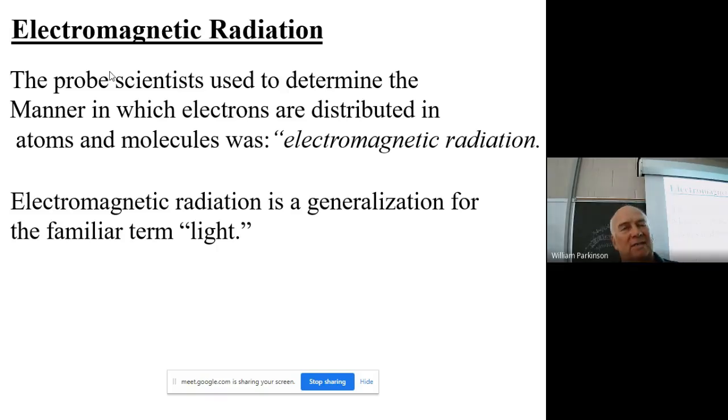So for our discussion over the next couple of days, when we mean light, we will mean visible electromagnetic radiation, which it turns out, as we will see, is just a very small fraction of the entire so-called electromagnetic spectrum.